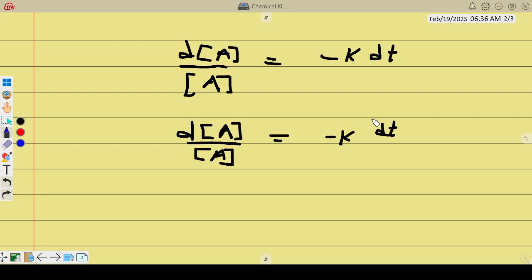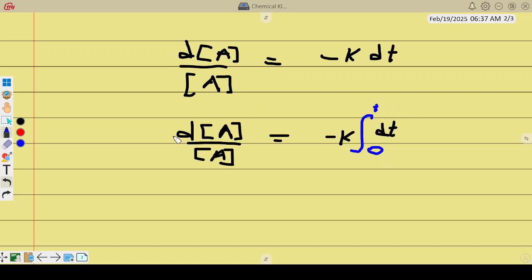So we put an integral symbol here, and we have time from t equal to 0 up to a particular time.